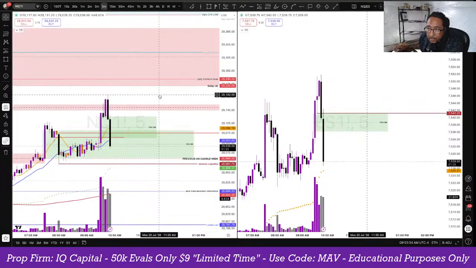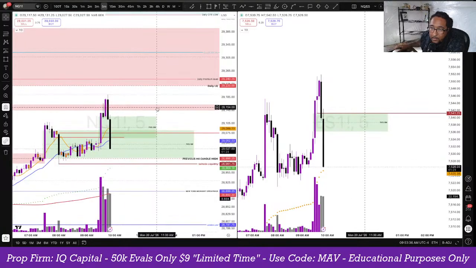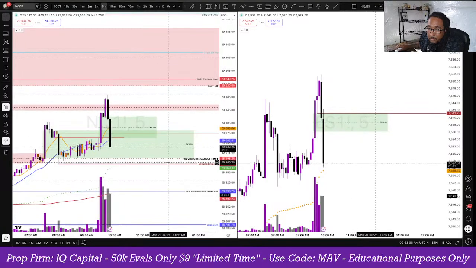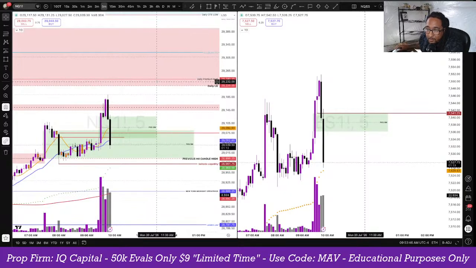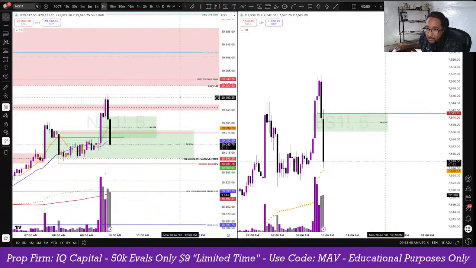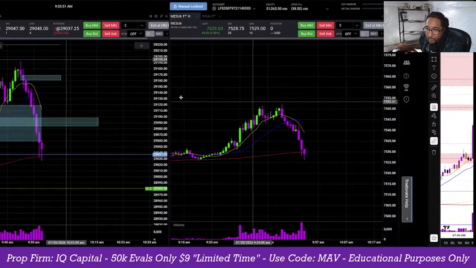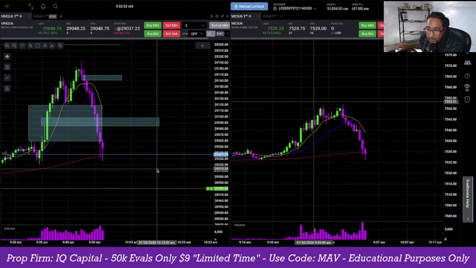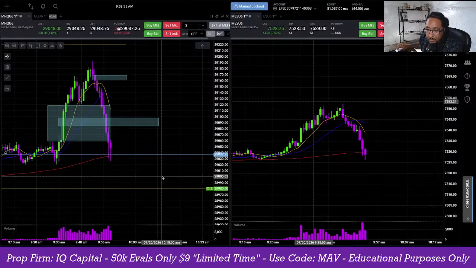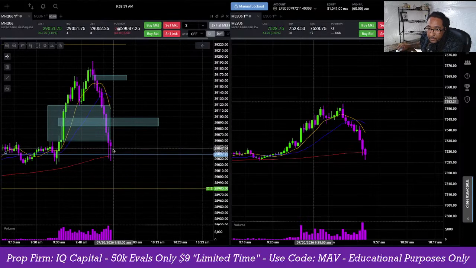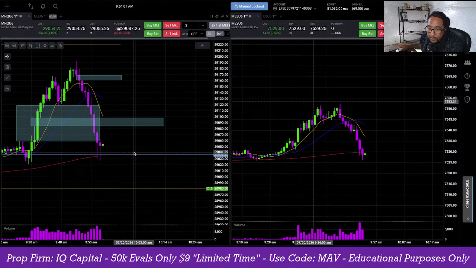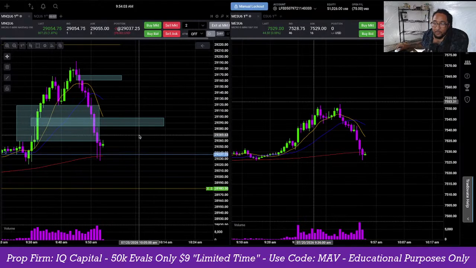So, and looking to sweep these 8 a.m. lows, and still overall maybe aiming for that daily inefficiency, that bearish fair value gap. So let's see if we can get down to these lows here. But these wicks here are showing some resistance to the downside.